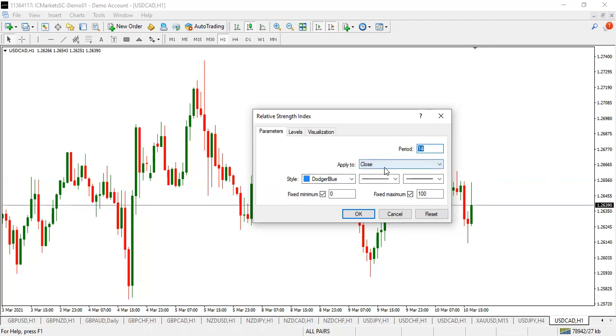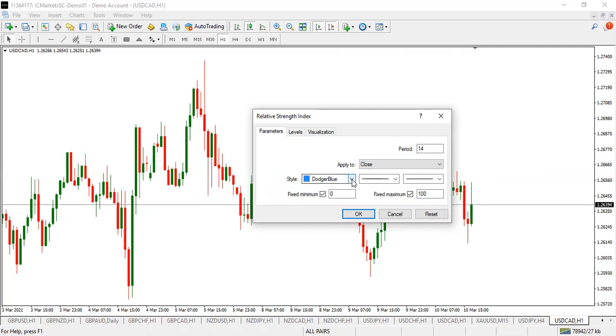Right here we also have applied to: close, open, high, low, median price, typical price, weighted close. But the general one people are using is apply to close, which means to use the close of each candle.